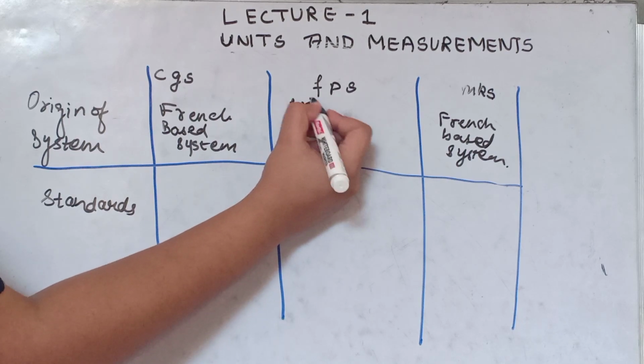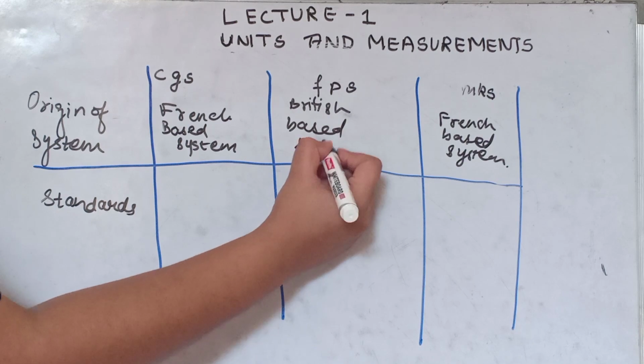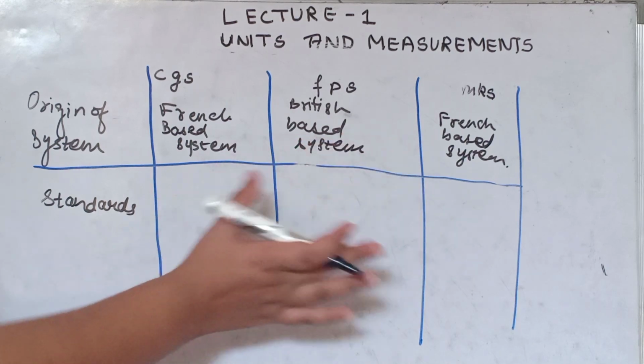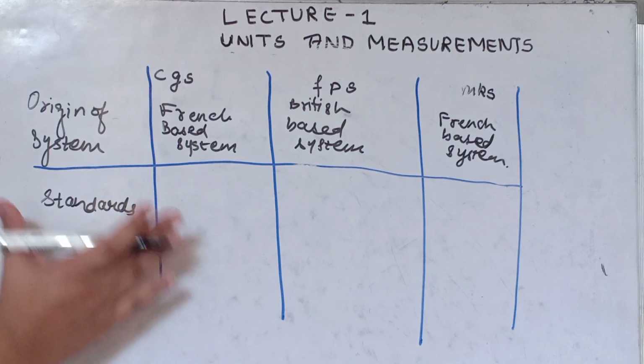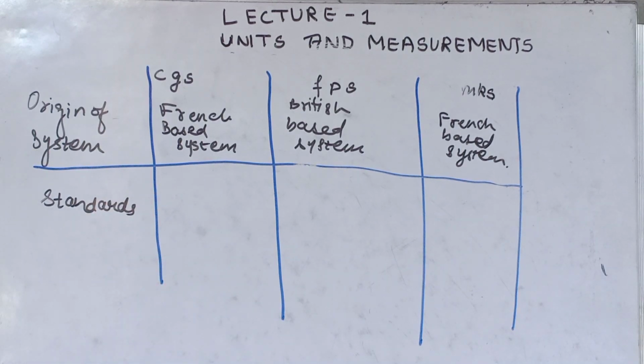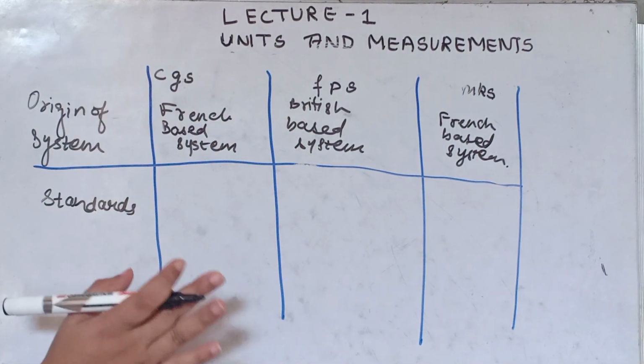FPS is a British-based system. Now all these three systems give us the standards for length, mass and time. They always give the standards for only 3 quantities out of 7.